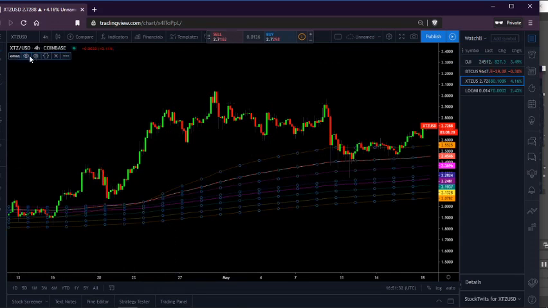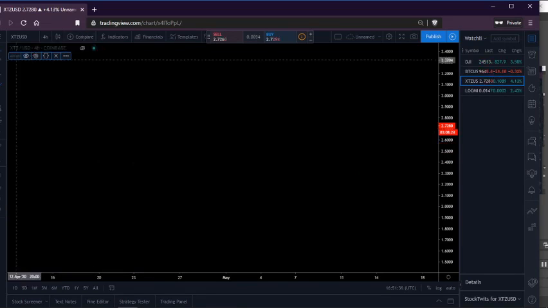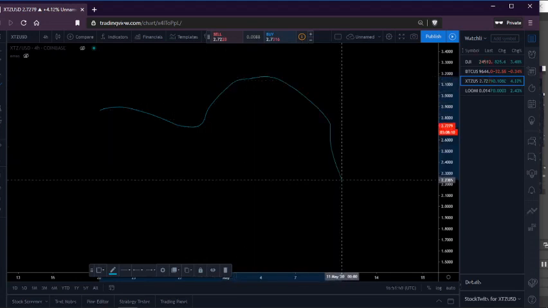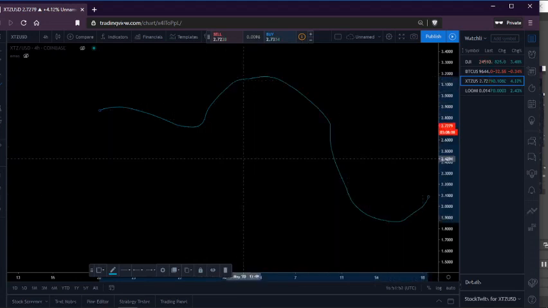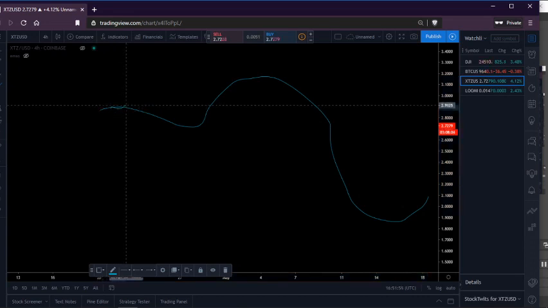Let me close this out. Where's my... Oh, I can't draw in here. Oh, wait, yeah, I can. So if the market's trading like this, these wave functions are going like this on the center of the chart.